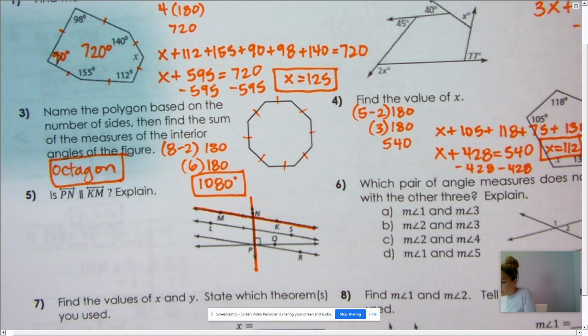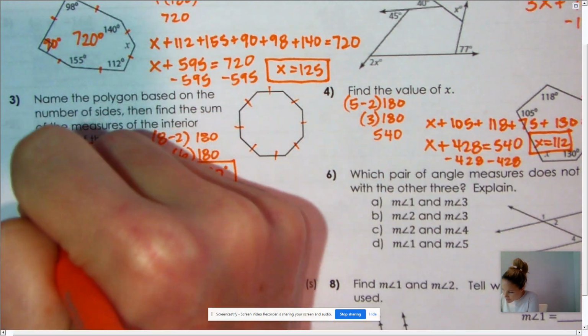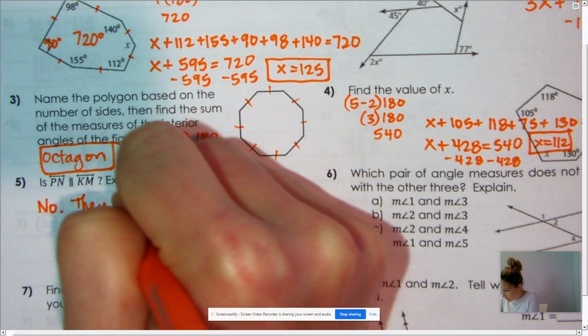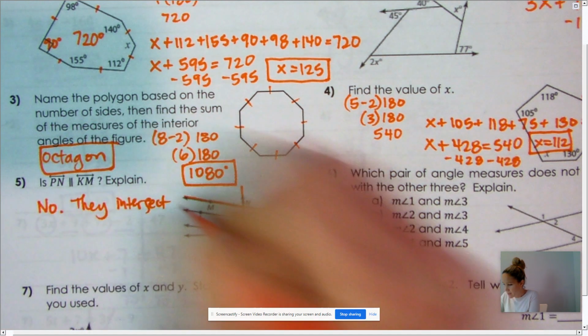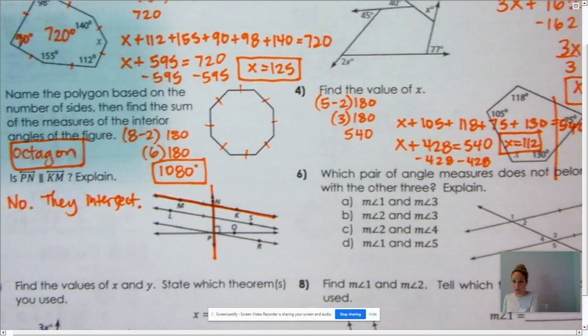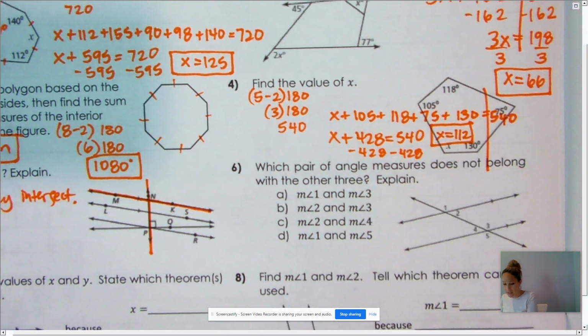So the question is, are they parallel? No, because they intersect.